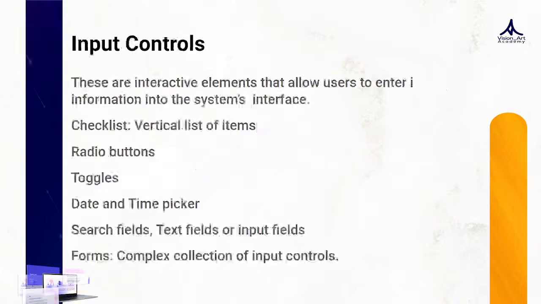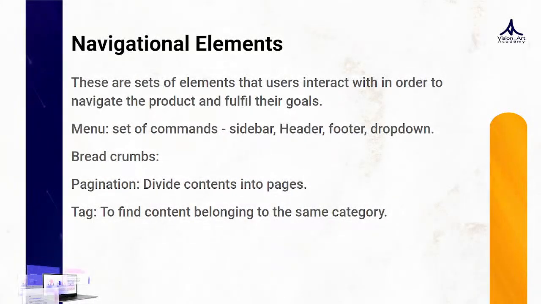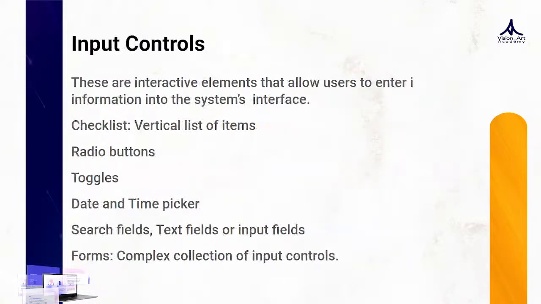The design elements we have: we talked about navigational elements that we use to navigate all over the screen. We have the informational elements. These are elements that contain information for users, that display information to the user. We have input controls where users enter their information, and we have forms, the collection of input controls.